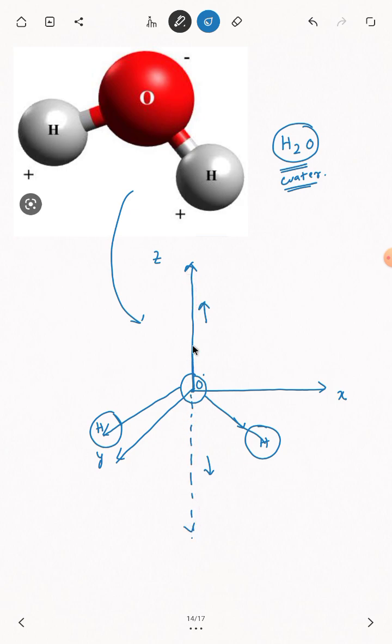So any kind of motion along a particular line is called translation. So what is translation? Any kind of motion that occurs along a straight line, then I will say that this whole system is translating. So the system comes here first and then it can come here also. So translation is possible along the Z axis.